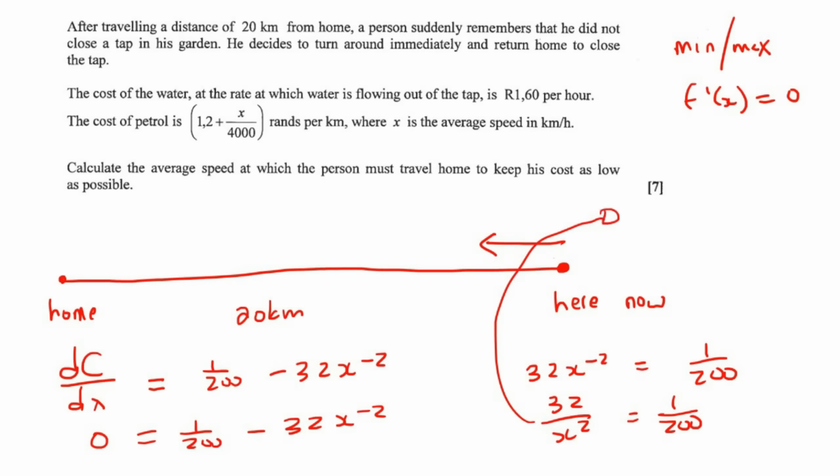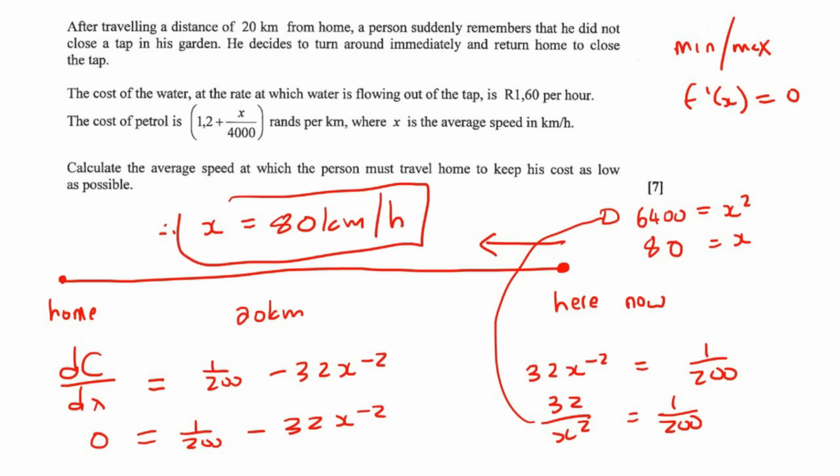So that's going to eventually give us 32 times 200, which is 6,400, and x squared. You then get x alone, and that's going to give you plus and minus, but you don't have to say the minus because I'm sure this person can't drive at a negative speed, so you're going to get 80. Therefore, this dude is going to travel at 80 kilometers per hour. And that is how we do that question.